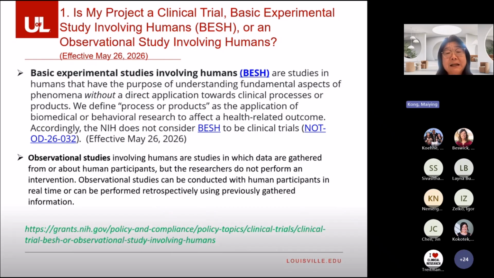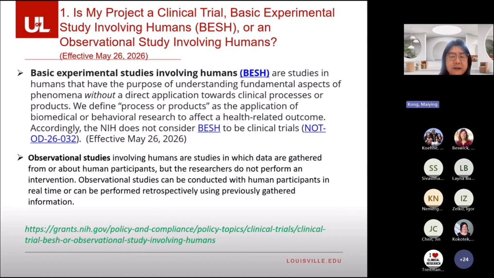According to that, effective May 26 this year, the NIH does not consider BESH to be a clinical trial, because the outcome may differ from the defined biomedical and health-related outcome. Before that, BESH was considered part of clinical trials, but effective May 26, it is not considered a clinical trial anymore.